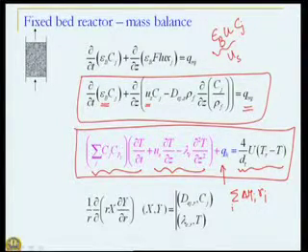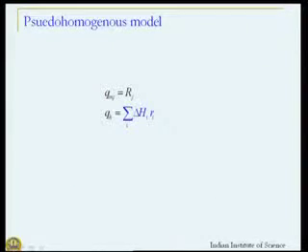So, in that sense our balances are very similar to what happens for a tubular reactor. However, there are certain differences, and we are still silent on what this QMJ and QH are. How do we define those?